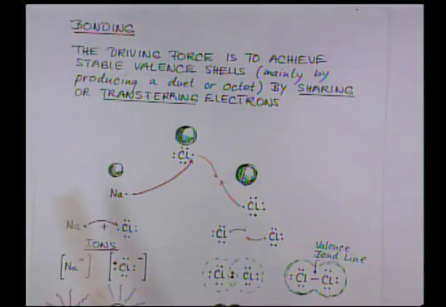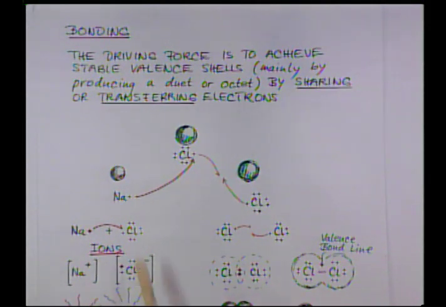We have here sodium with only 1 electron, so it's an alkali metal. It has only 1 electron in its valence shell, so it wants to get rid of that electron, because once that electron is gone, then the lower shell will surface and become the so-called valence shell, the outermost shell, and that will be, of course, a complete one.